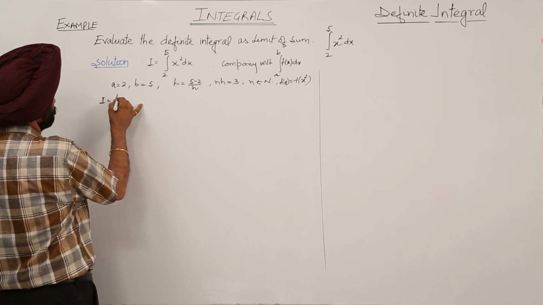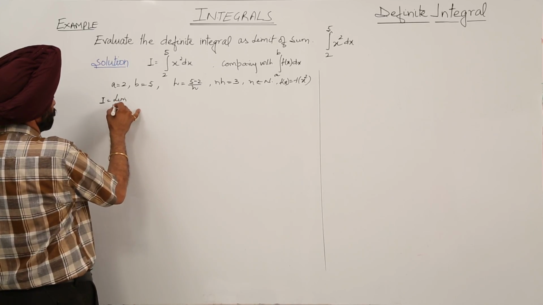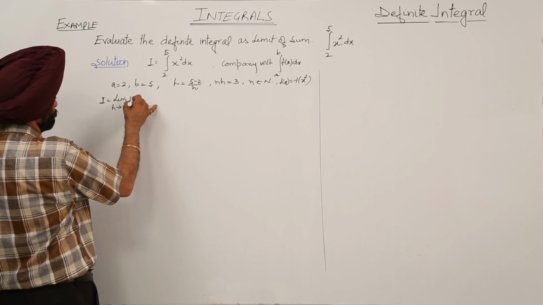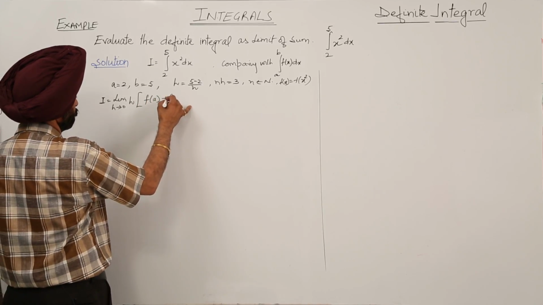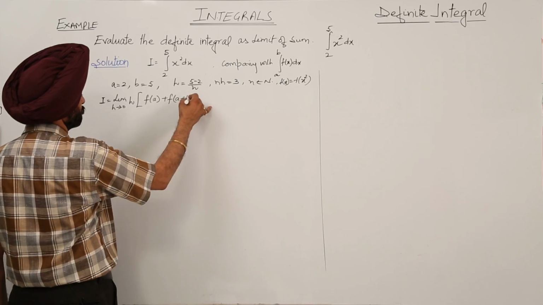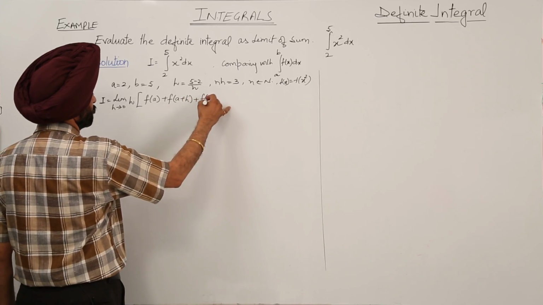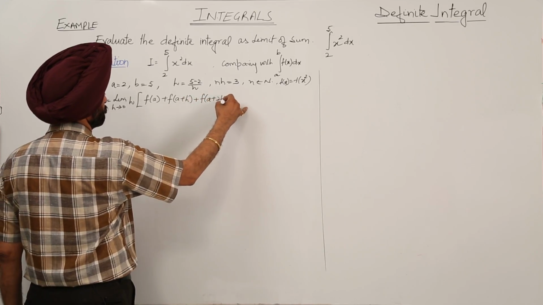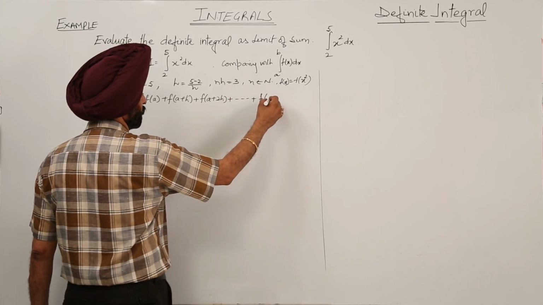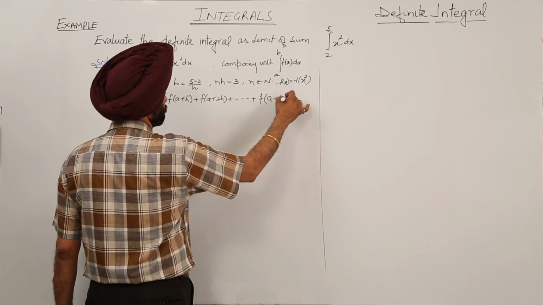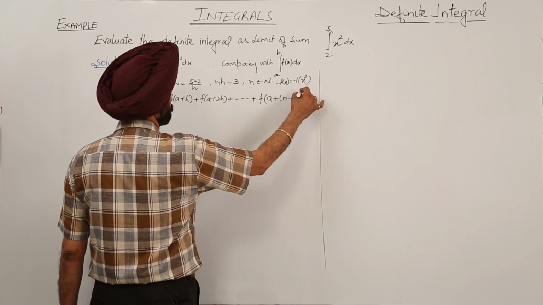Theorem: limit h approaches 0, h times [f(a) plus f(a plus h) plus f(a plus 2h) plus ... plus f(a plus (n minus 1)h)].